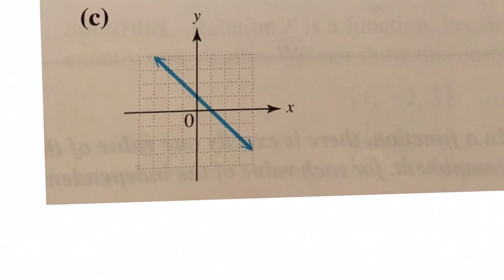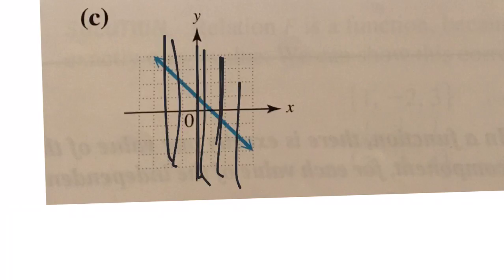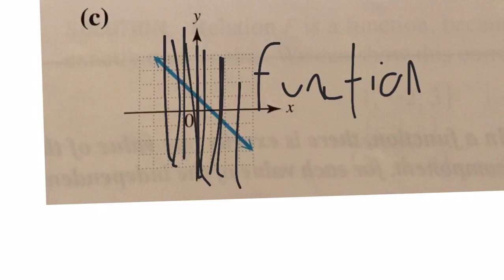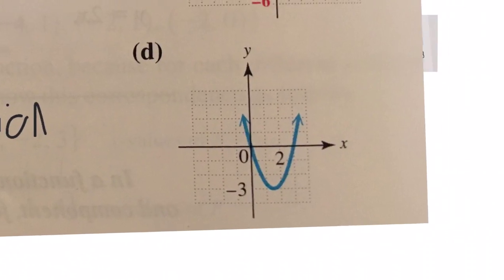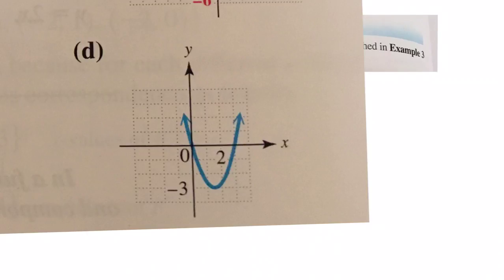For part C, this does pass the vertical line test at every point on the graph, so this would be a function. And for part D, this also passes the vertical line test at every point on the graph, so part D also would be a function.